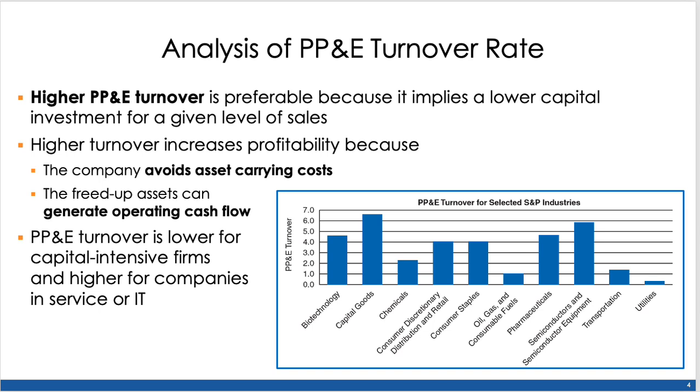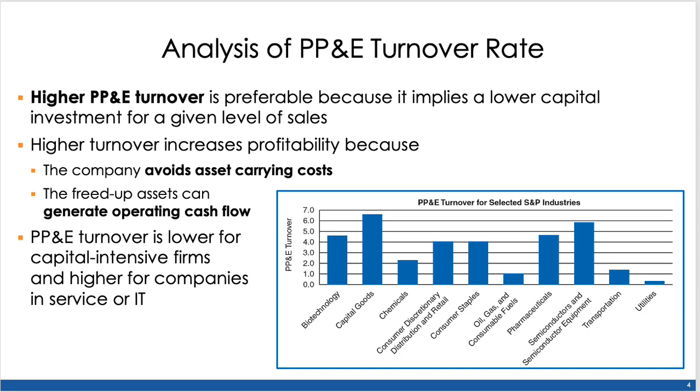We can see in this little graph what PP&E turnover looks like for selected S&P industries. Biotech and capital goods have a much higher PP&E turnover, while utilities and oil and gas have a much lower PP&E turnover.